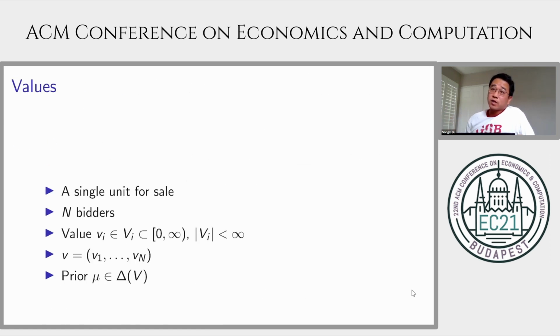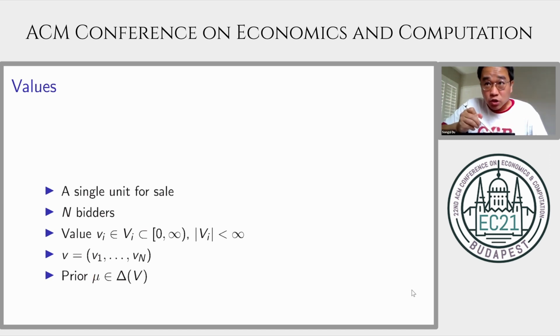To be more precise, let me quickly go through the model. As we have assumed in these lectures, we have a single unit for sale. We have n bidders whose value is just a number because there's only a single good up for auction.